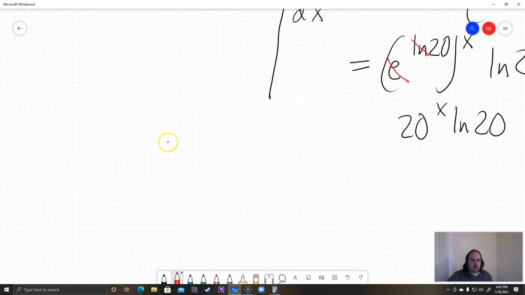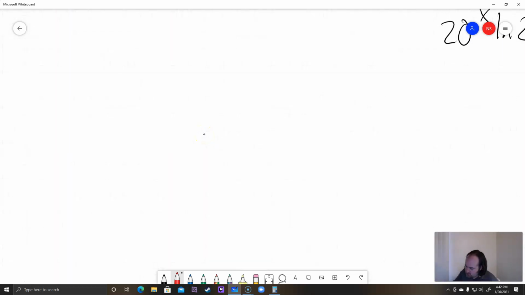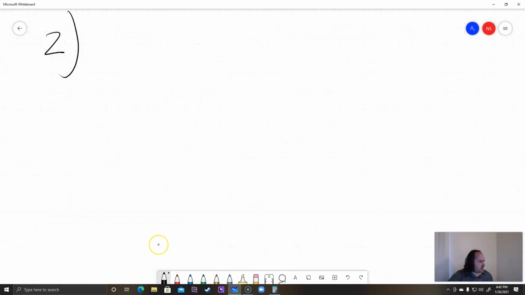Okay, so example number 2, using our new formula for the derivative of an exponential with any base. So this one, we want to take the derivative of y is equal to 3, I'm sorry, not 3, 7.